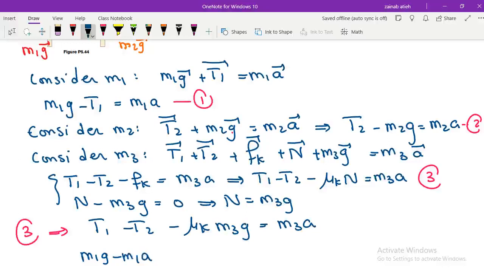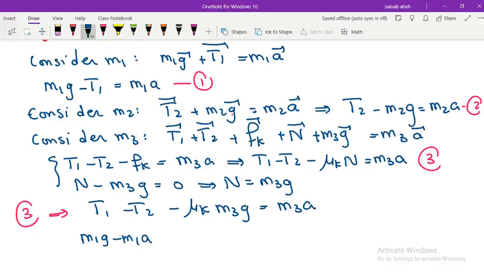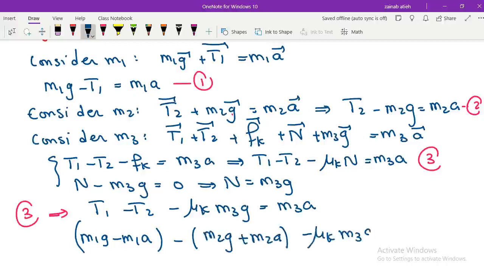Substitute for T1. Now T2 I get from equation 2. I'm substituting them directly. So T1 minus T2 was M2G plus M2A minus mu K M3G equals M3A.